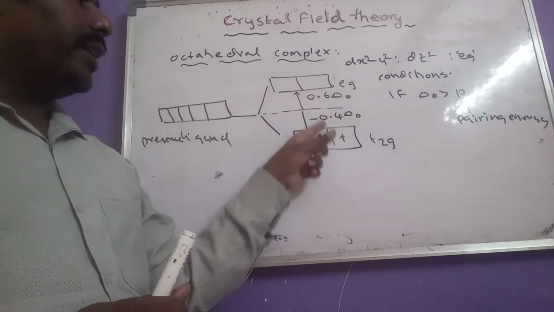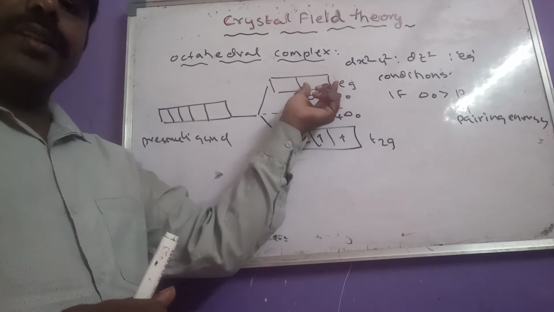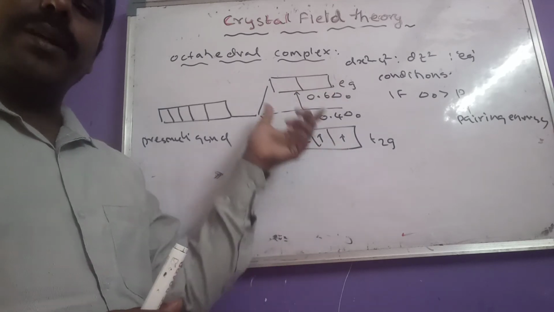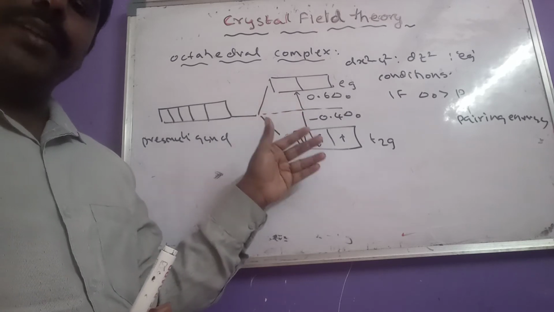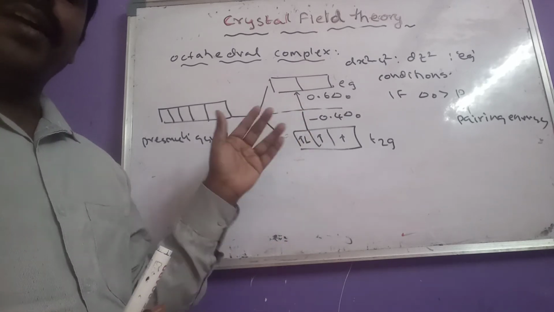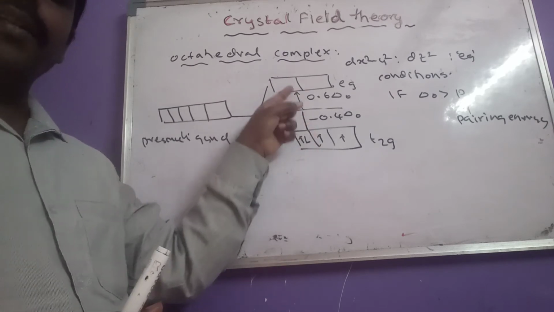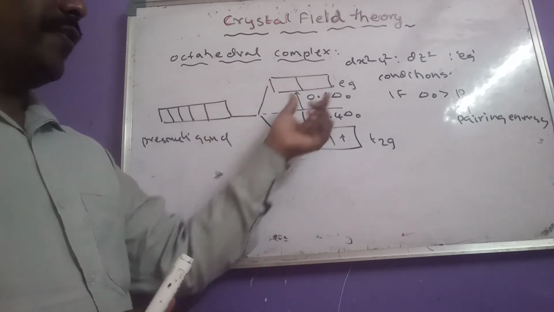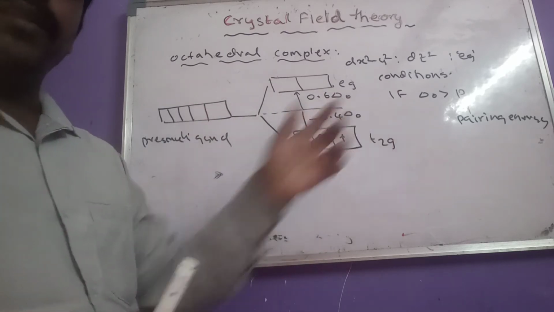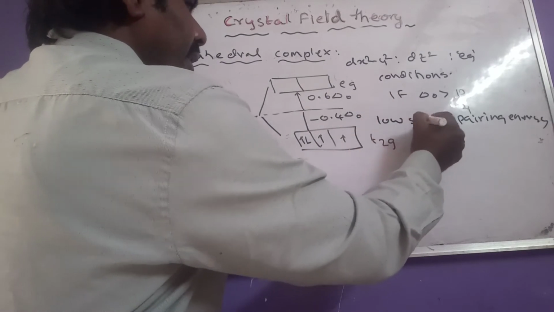Delta naught greater than pairing energy means the energy gap between the Eg set and T2g set of orbitals is greater. If a strong ligand approaches the central metal ion, there is a large energy gap between these two sets of orbitals. So if a strong ligand approaches, that is a low spin complex and diamagnetic in nature.